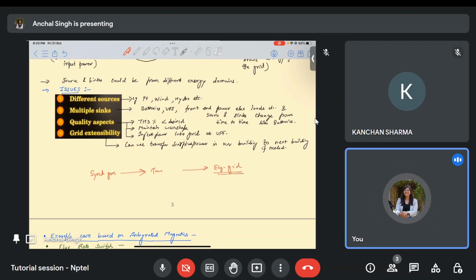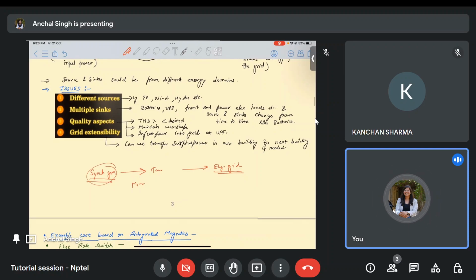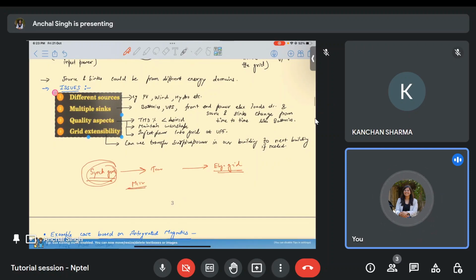This is how our electrical system works. But when you talk about a microgrid, there is no synchronous generator connected to it. When a synchronous generator, which has very high inertia, is not connected, my microgrid is very vulnerable. It is subjected to any kind of instabilities. If I don't take care of my microgrid properly, it will be very easy for it to break down and become unstable.